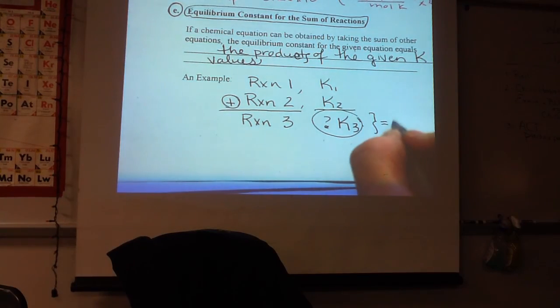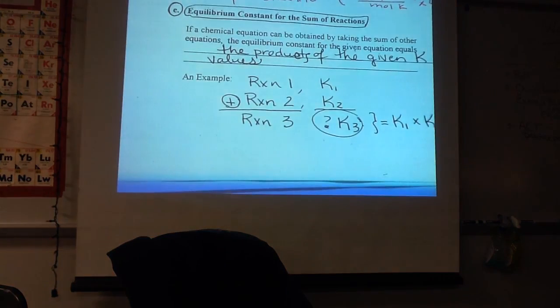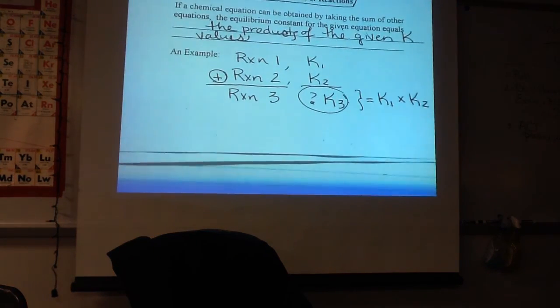So therefore, the way I would get this would be by taking K1 times K2. Again, this makes for a very easy multiple choice AP question if you know it. Our common sense would say add them. You've got to know that when K is derived by adding equations, you've got to multiply.